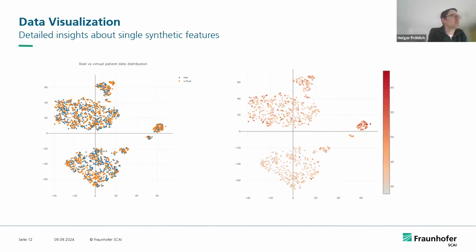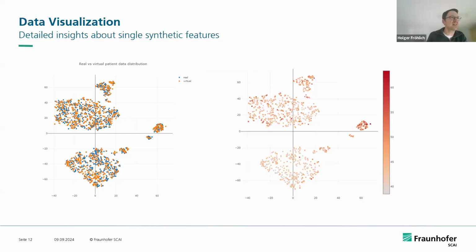And yeah, the last aspect then is the visualization. Again, this shows plots of what SynDat provides you with. Here you can see in blue, for example, a visualization of the real patients' data points for a particular data set, and in orange the synthetically generated patients.